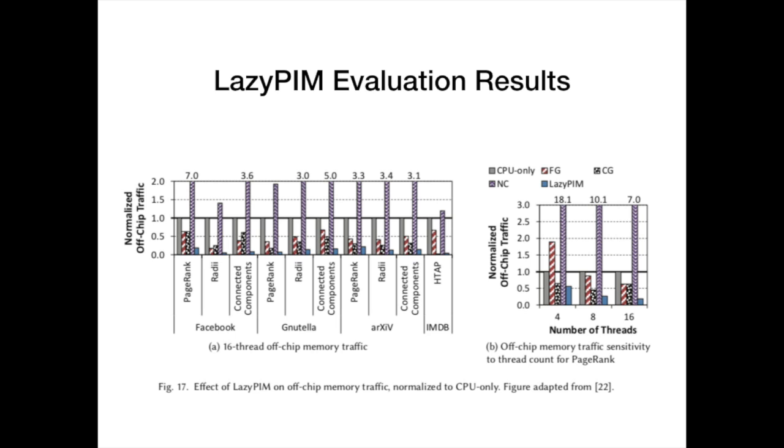Lazy PIM significantly reduces the overall off-chip traffic up to 97.3% over no cache, and by 58% on average over coarse-grained, which was the best prior approach that we had. Lazy PIM also scales the best with higher thread count compared to the others.